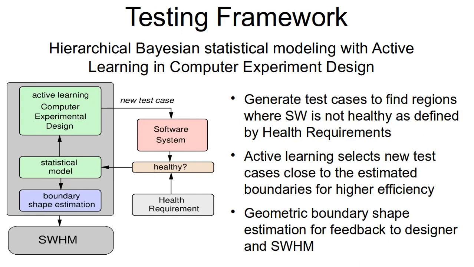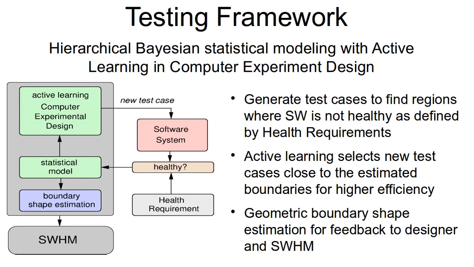What is healthy and what is not healthy is part of the health requirement. And this answer, whether the software is healthy or not healthy, is used to incrementally improve and extend our statistical model.